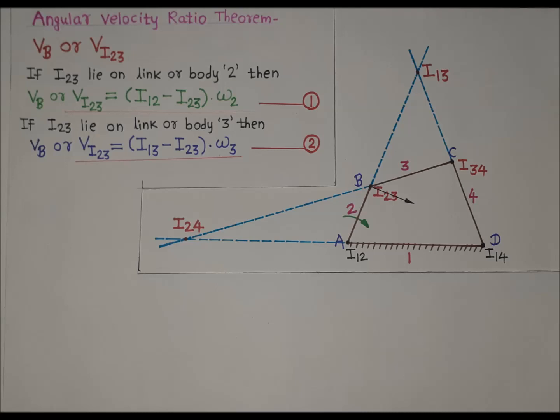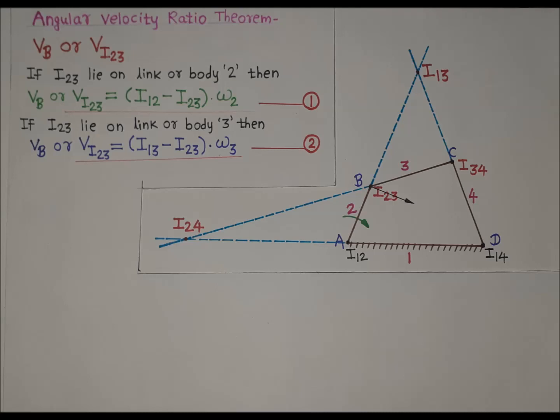As link 3 is having pure rotational motion about ICR I13 at this instant, VB or VI23 will be equal to I13 I23 into omega 3, where omega 3 is instantaneous angular velocity of link 3.